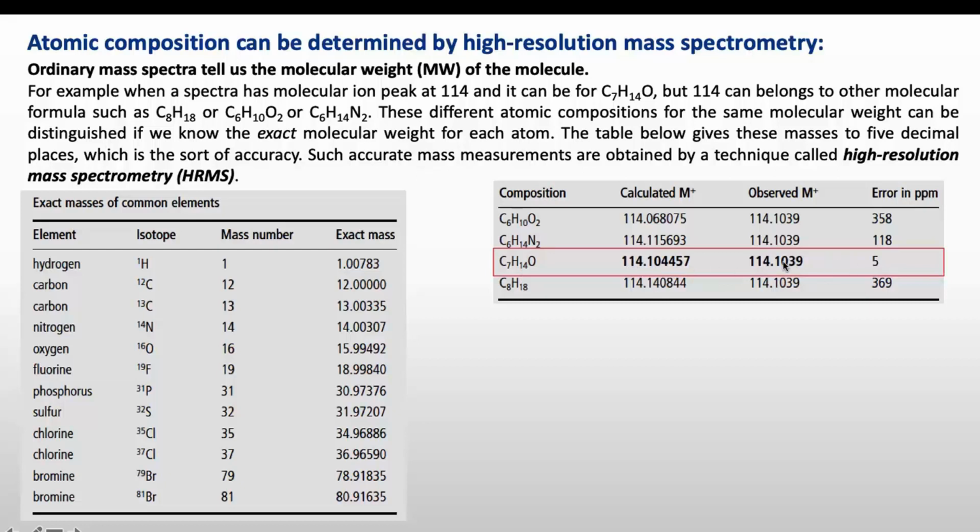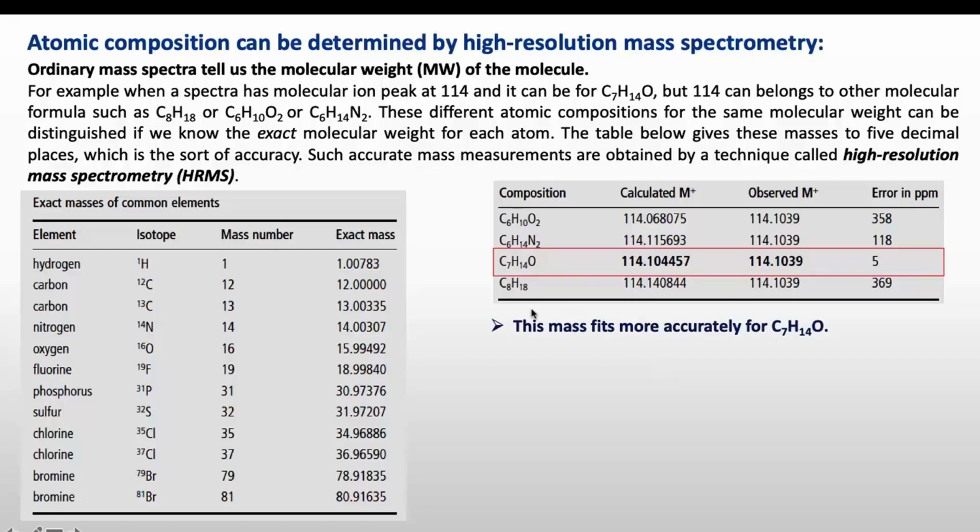This is observed by using the exact masses of atoms. Comparing the calculated and the observed values using this table, you can see that they have the minimum difference for this molecular formula. So in this way HRMS can help us find the atomic composition of our compound in addition to the molecular weight.